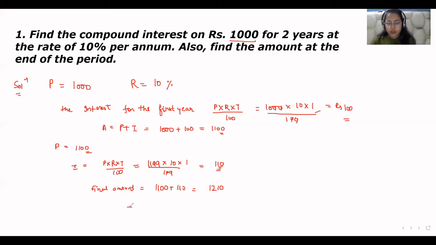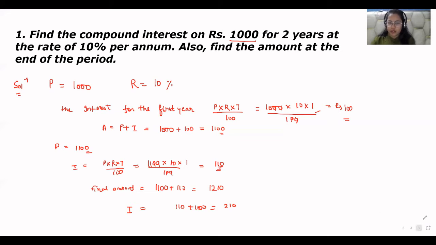The total interest we get throughout the first and second year is 100 plus 110, that is 210. This is the interest we get on rupees 1000 at the end of the 2 years.